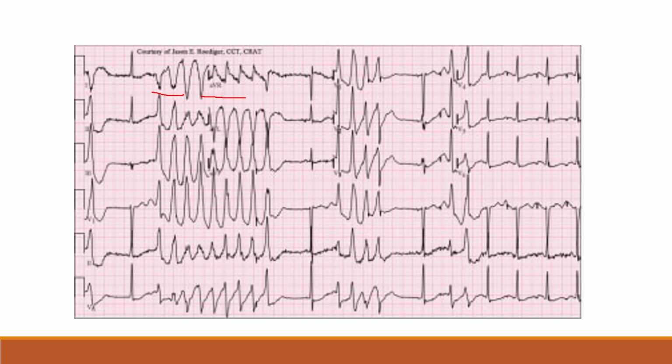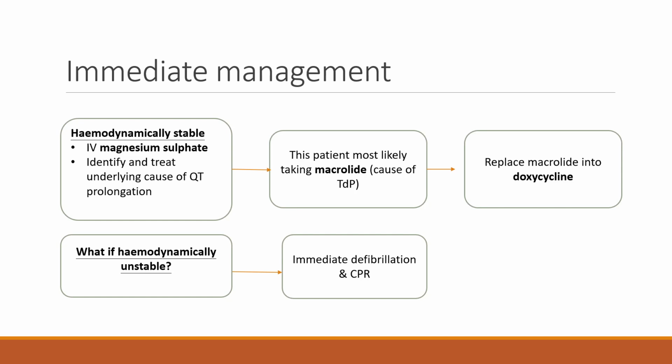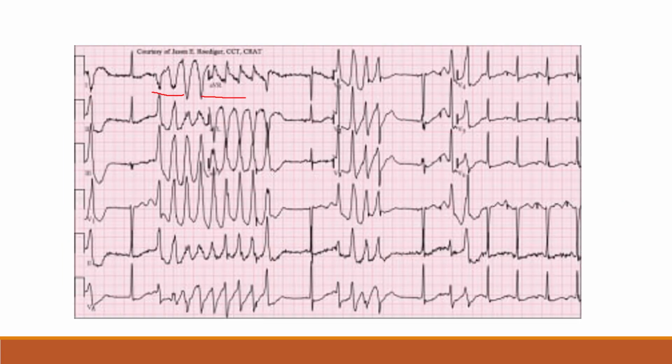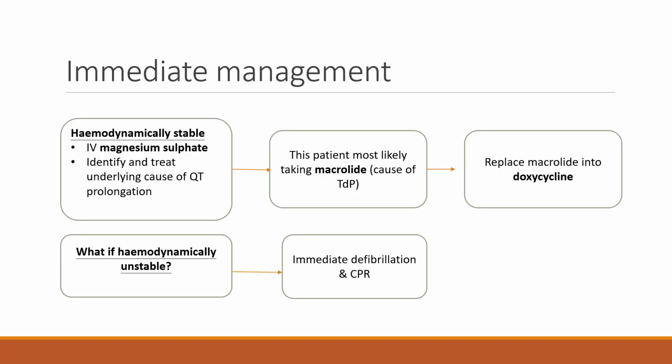So what you're going to do is consider whether this patient is hemodynamically stable. We have to give him intravenous magnesium sulfate immediately, and also we have to identify the cause of his QT prolongation, which, as we know, one of the causes of Torsades is the progression of long QT syndrome. So we have to treat the underlying QT prolongation to treat these patients.